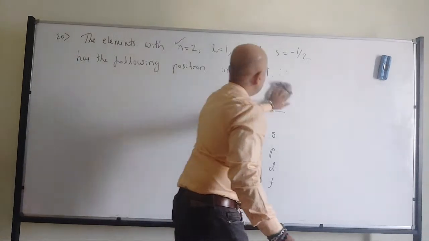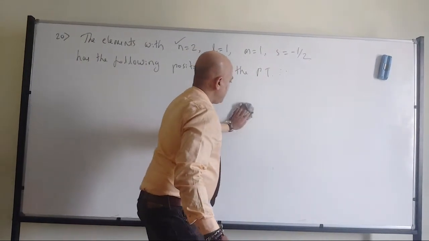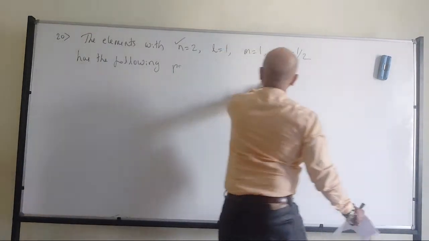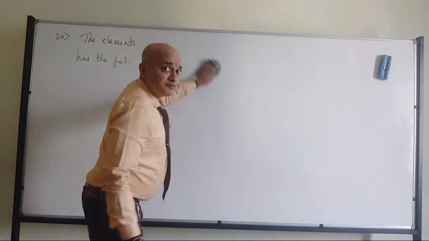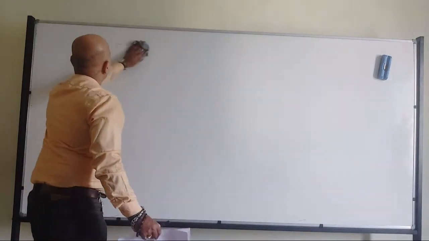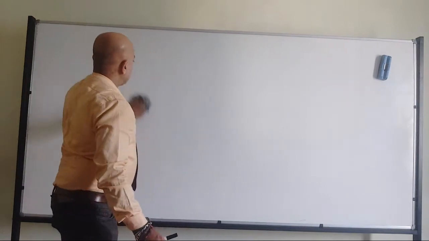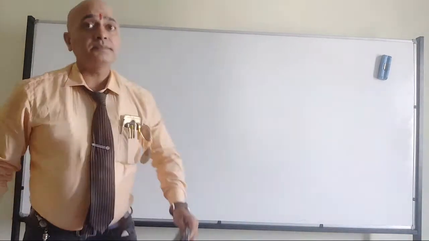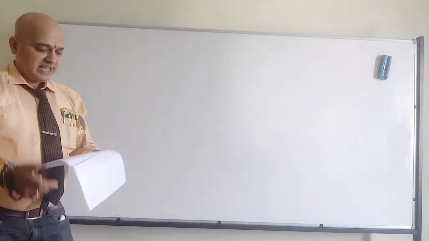That's where they are talking about neon. So you should know the information about atomic structure, that is quantum numbers. That is very important for your board exam and for competitive exams also. You can expect a question on quantum numbers. So we'll move to the next one.